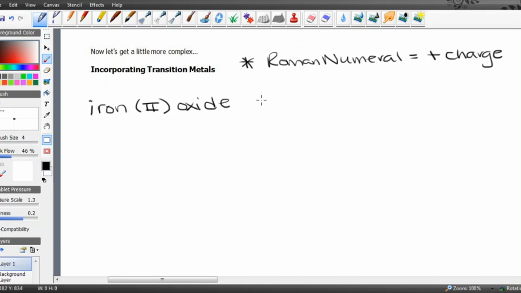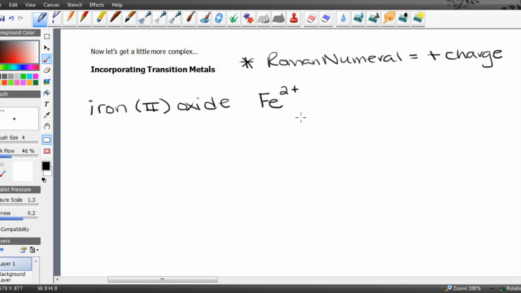We're going to do the same thought process as we did above. We're going to write the ion and the charge that it makes, and then the other ion and the charge that it makes, and we're going to cancel those charges out. So, what's my cation? Iron. Can't figure out the charge by looking at the periodic table because it's a transition metal. So I need to use the Roman numeral given in the name.